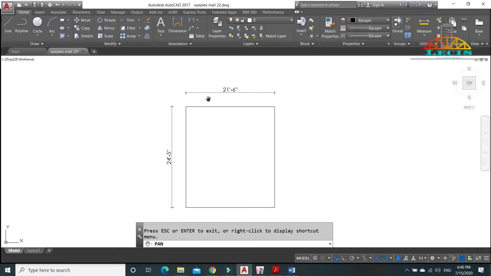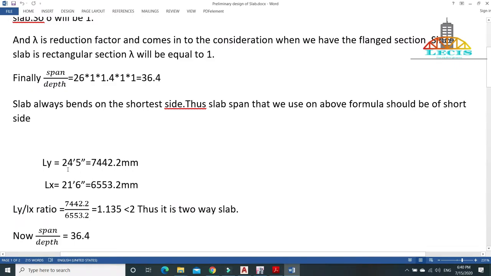Similarly, the shortest span of our slab has length of 21 feet 6 inch. So Ly equals 24 feet 5 inch, that equals 7442.2 mm, and Lx equals 21 feet 6 inch, that equals 6553.2 mm. So if you find the Ly by Lx ratio, you get the value of 1.135, which is most importantly less than 2. Thus, it is two-way slab.